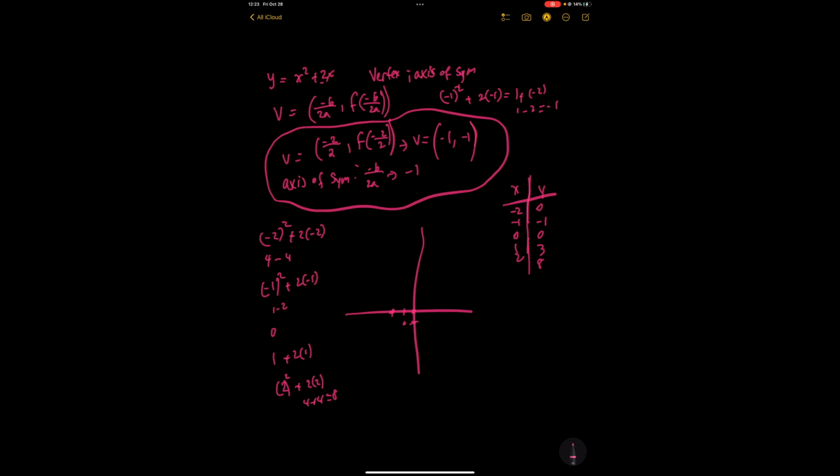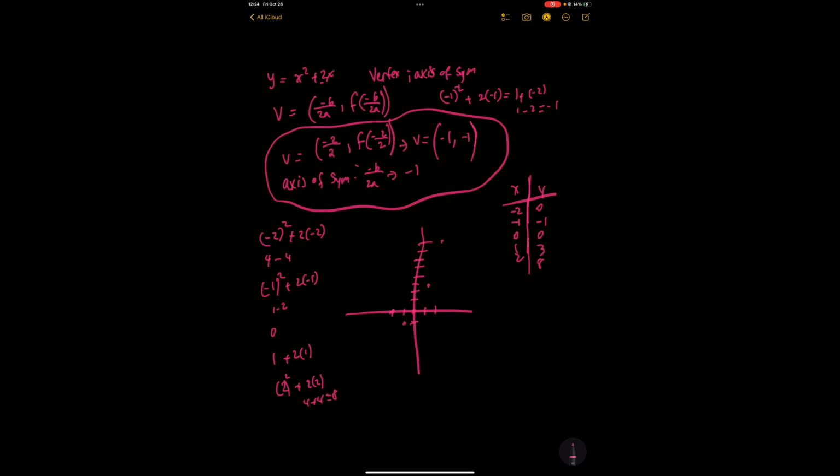And 1 is 3. So you have 1, 2, 3. 1 is 3. And 2 is 4, 5, 6, 7, 8. So let me see if I do negative 3 as well.